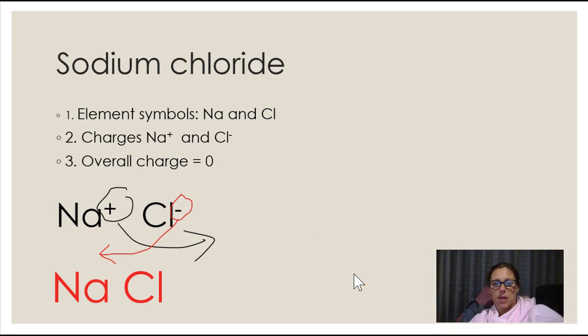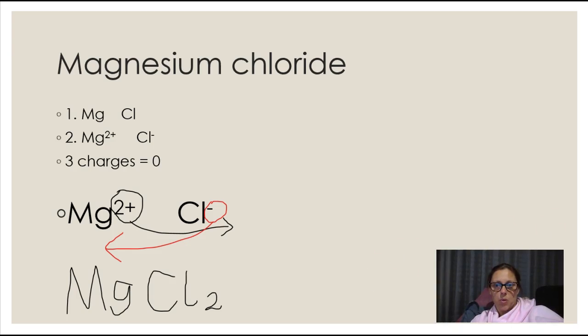Let's have a look at another example. Magnesium chloride. So the first step, identify the elements. I've got magnesium and chlorine. Now let's have a look at the charges. Magnesium has a charge of 2+, chlorine has a charge of 1 minus. Again, our charges need to be 0. So I really need 2 negatives to balance the 2 positives.